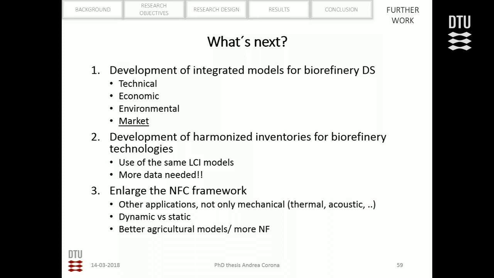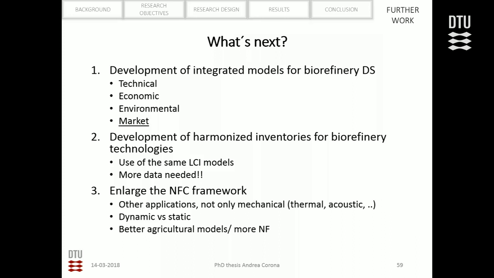And then I assume that after me, another new PhD will come and he will look at combining the technology that I developed to look at full upgrade and full integration of different technology. So it's very important that new inventory has been published to better assess this integrated system. And yeah, because more data are needed yet.